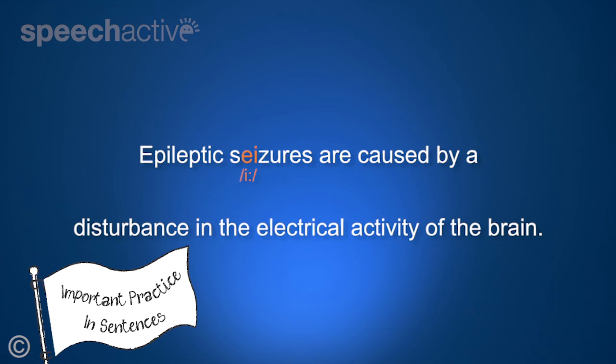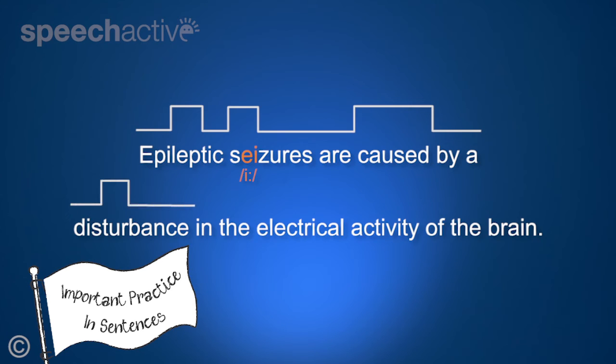Epileptic, seizures, disturbance, electrical, activity. Epileptic seizures are caused by a disturbance in the electrical activity of the brain.